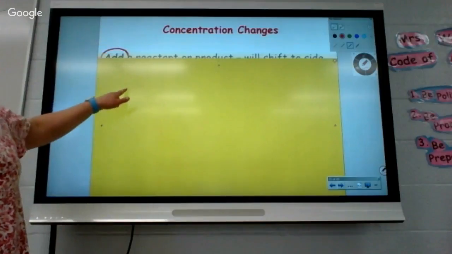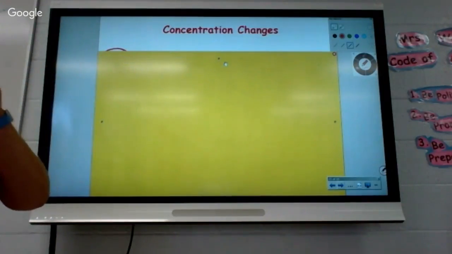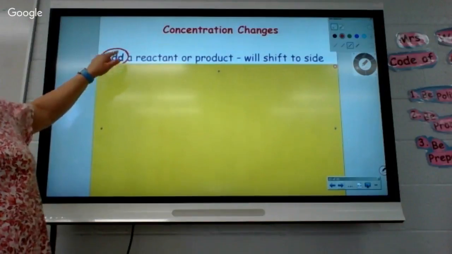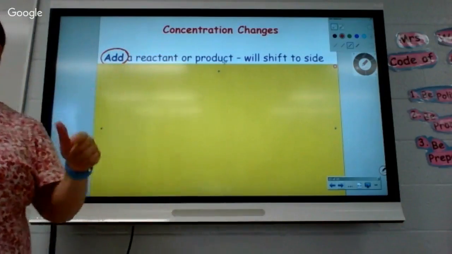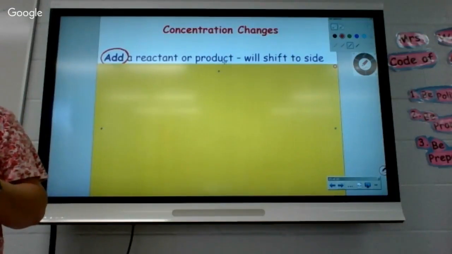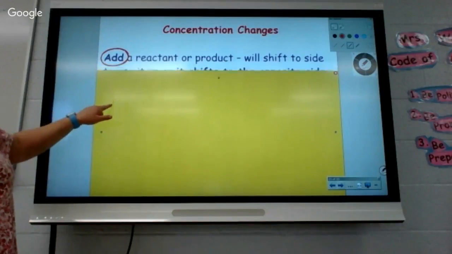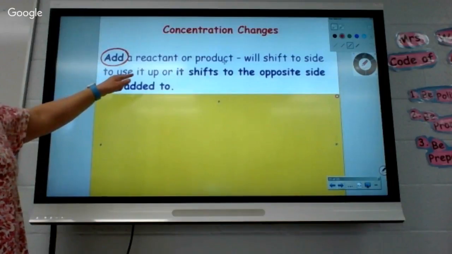So this statement that we're getting ready to write down is about trying to get back to where it was. How can it do that? So if we're at equilibrium and I add a reactant or I add a product, the reaction is going to shift in order to get back to equilibrium. The question is, how does it do that? It does that by using it up.